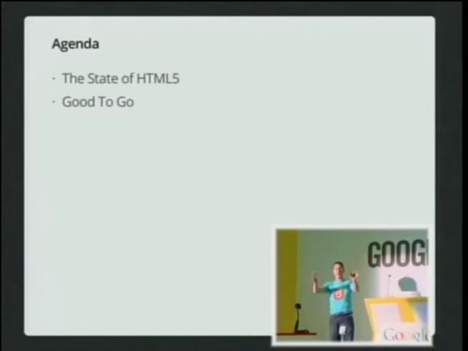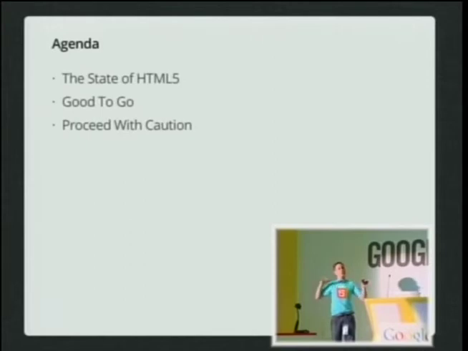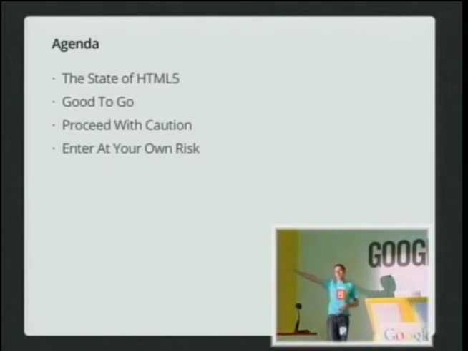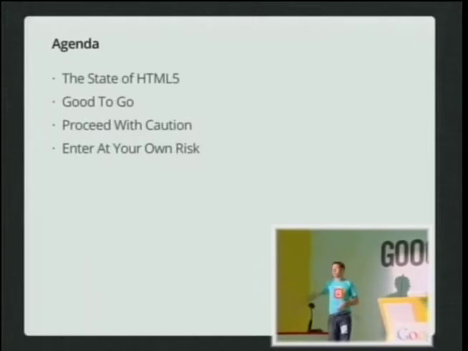Like, you can just say, hey, I want to go use this. I'm ready. It's ready. We're all good to go there. We'll have a look at some of the things that fall under use with caution. You can use it, you just have to be aware of how you're using it. We'll look at a couple of the things that Ernest talked about earlier, if you were in his session.